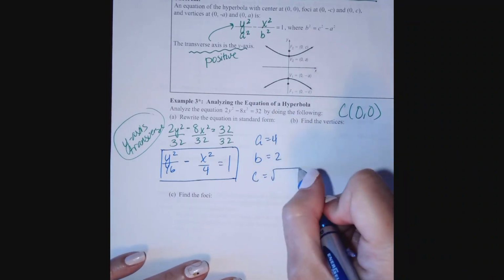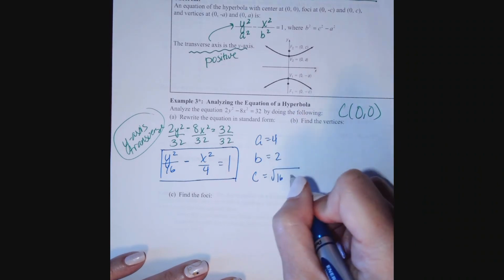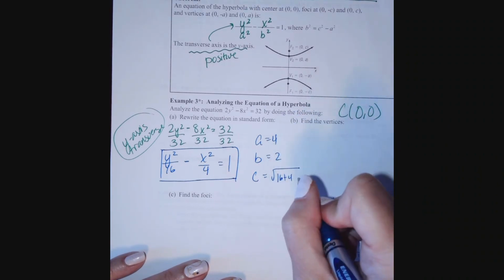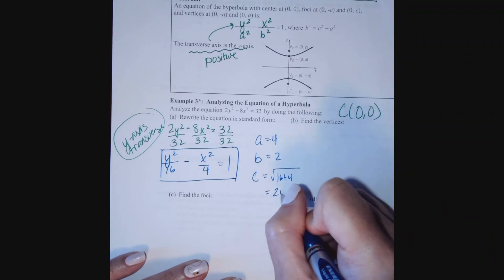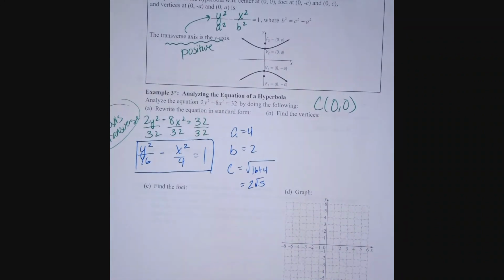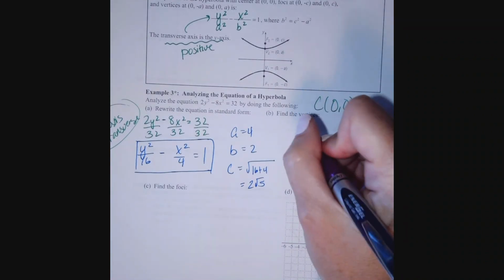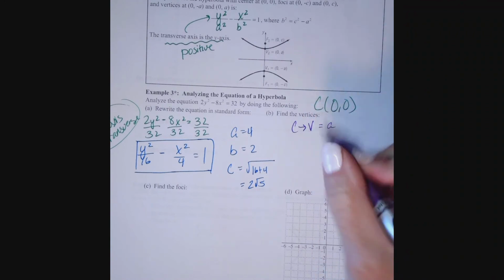C is going to be the square root of the sum of those squares, a squared plus b squared, so that would be 16 plus 4. So c is the square root of 20, which is 2 square roots of 5. Okay, find the vertices. The distance from center to the vertex is a.